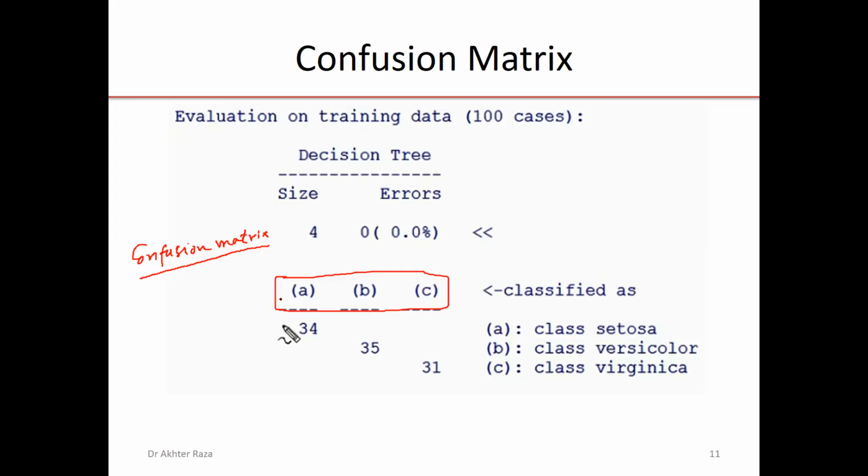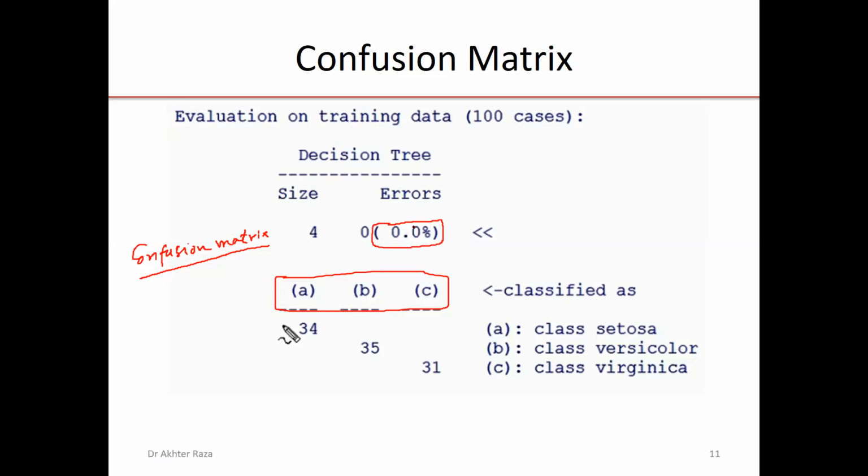So 34 items in my data set belong to the Setosa, and they are classified in Setosa. There are 35 elements in versicolor, they are classified as versicolor. There are 31 elements in virginica, they are classified as virginica. Means there is no misclassification. So you can see that the percentage of error is shown here, 0%.